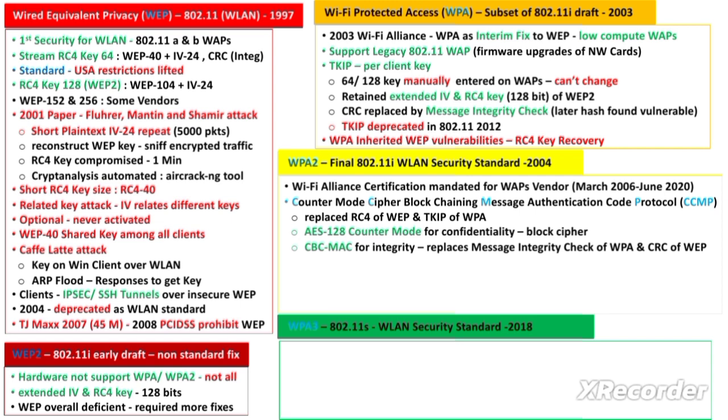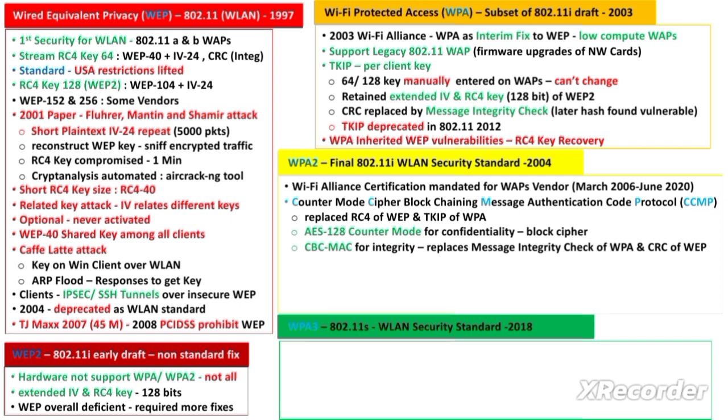So these both were replaced by AES 128-bit counter mode, and this was used for confidentiality or to encrypt the data. And AES is the Advanced Encryption Standard, and it is a block cipher, whereas RC4 was a stream cipher.